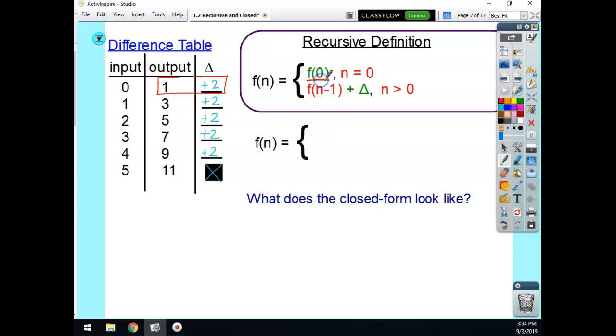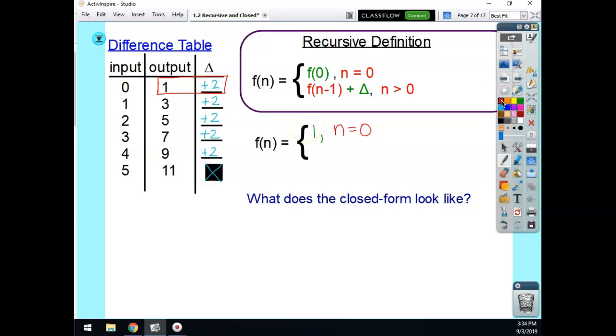So the output at 0 is this one right here. So we just say for the function n, our first output is 1 when n is equal to 0. So if our input is 0, our output is 1. That's where we start.